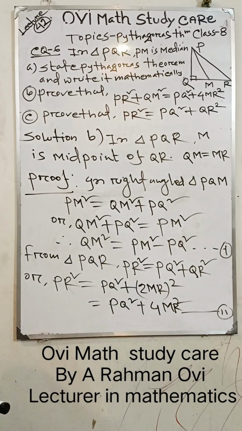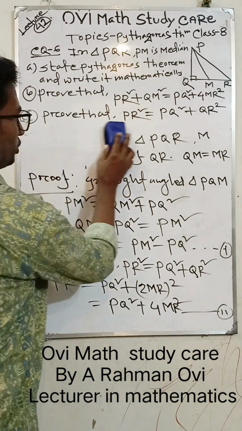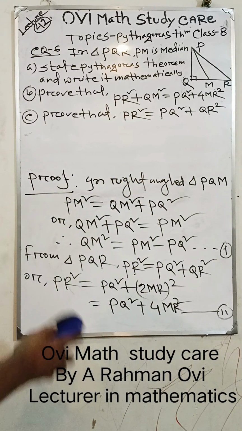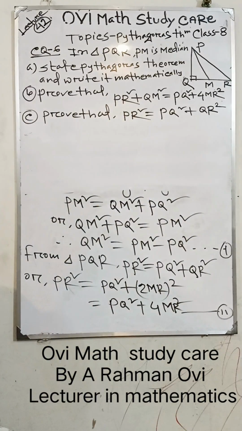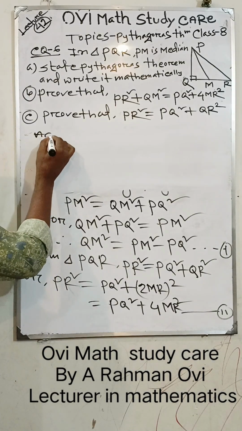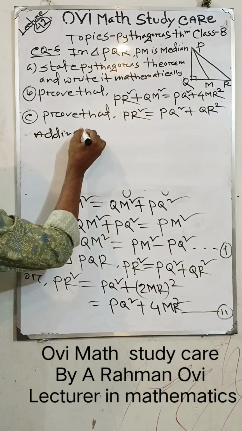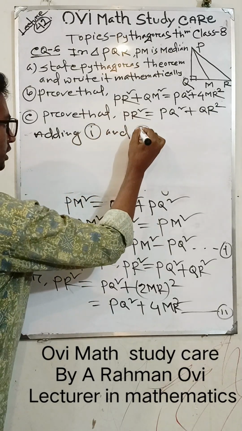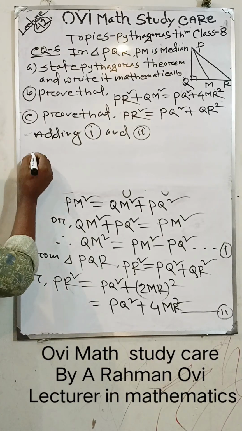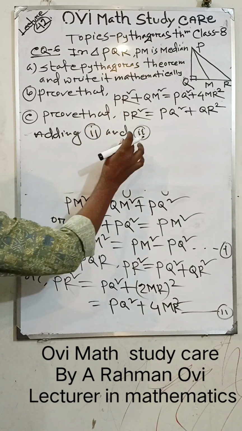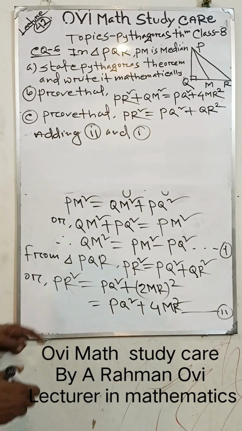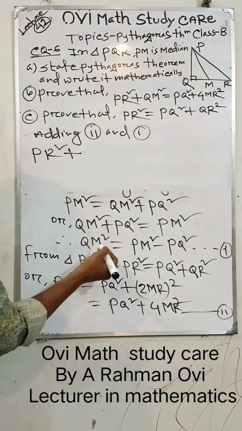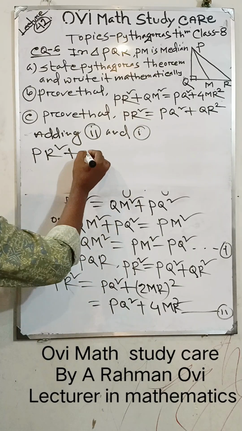So adding 1 and 2, adding equation 1 and 2, we can write PR square plus QM square.